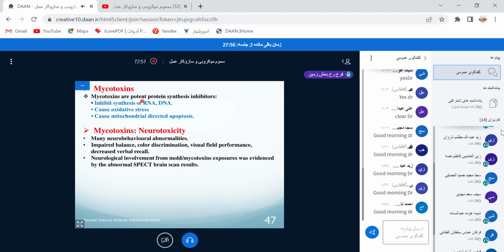And when there is no production of enzymes, there is no catabolism and anabolism, so there is no life. Who is alive and who is not alive? The person with metabolism is alive. The person without metabolism is dead. So one thing mycotoxin does is stop protein synthesis, especially enzyme production.